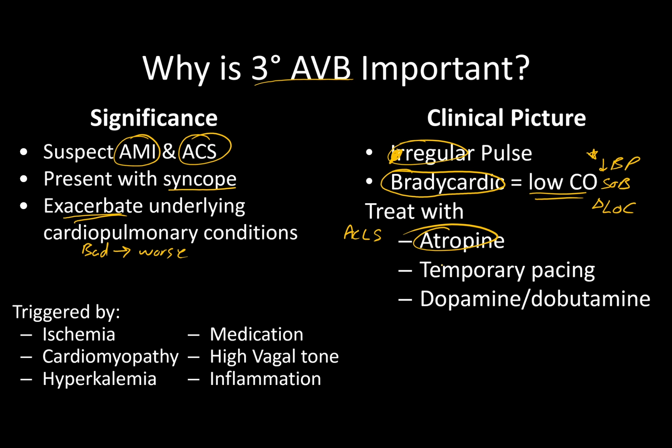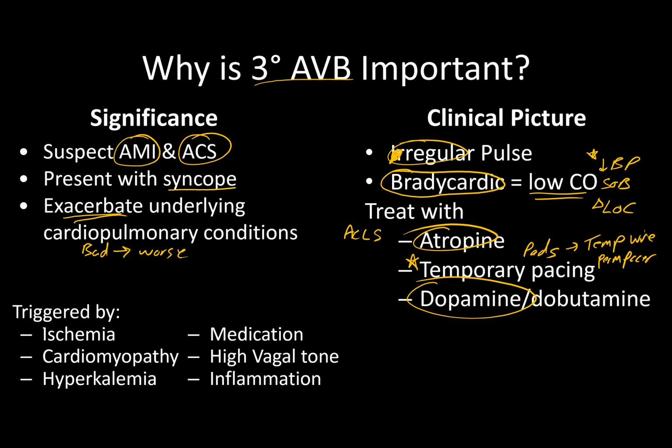Atropine will probably not work at all, so be ready, because temp pacing with pads is going to be your first go-to to help keep them alive, and then probably transition into either a temp pacing wire or a permanent pacemaker, depending on their problem. We can definitely try medications in the meantime to help bridge the gap. That's perfectly appropriate. We just have to see what winds up working out in their favor.